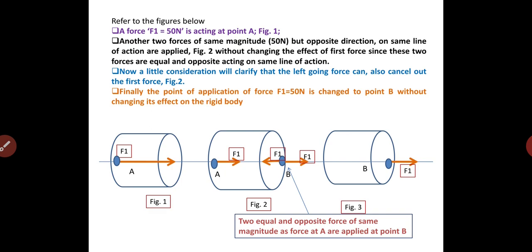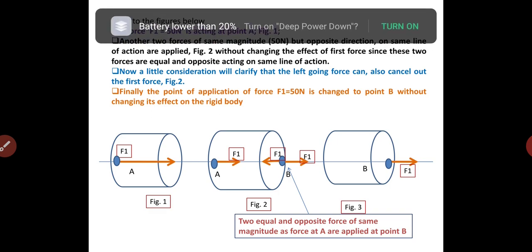Now, by the law of superposition, we can cancel the facing forces, that is, the force acting at A and the force acting at B will cancel each other. Then finally a force will be left at point B.